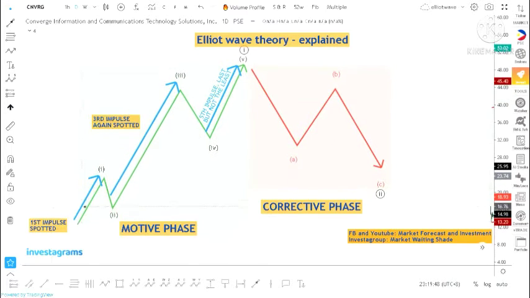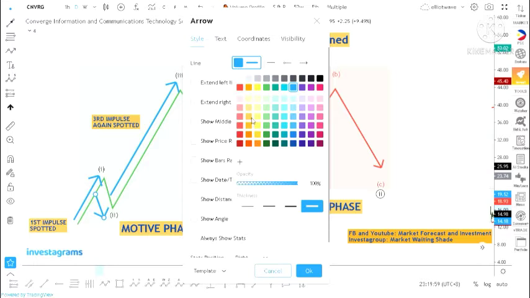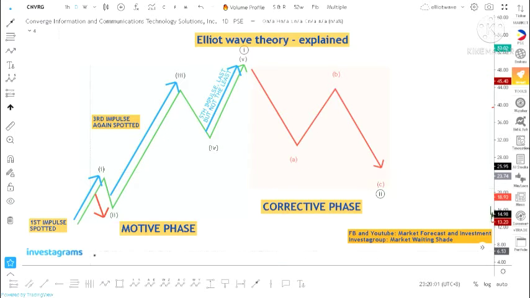So it is composed of 3 impulses, and don't forget we also have two waves which are directed in the opposite of this motive phase.